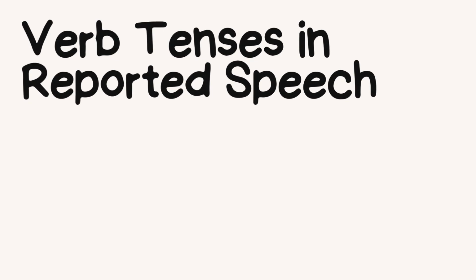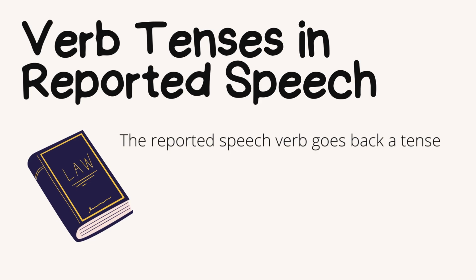The verb tense in reported speech isn't always in the past simple form. We follow the rule that the reported speech verb goes back a tense. For example, if the direct speech is in the present continuous tense, the reported speech verb would be in the past continuous tense.